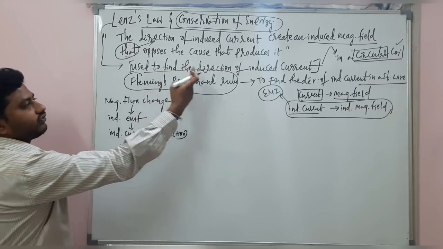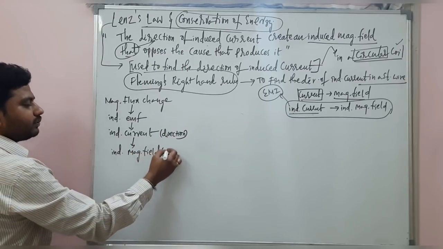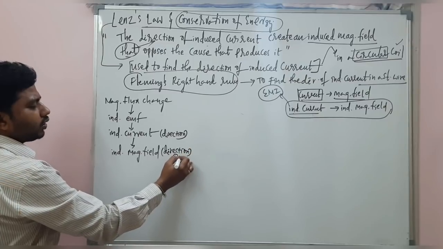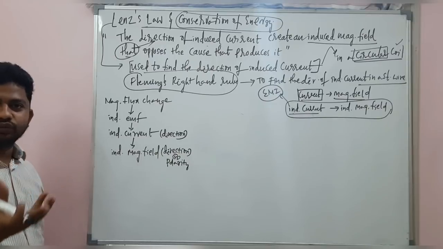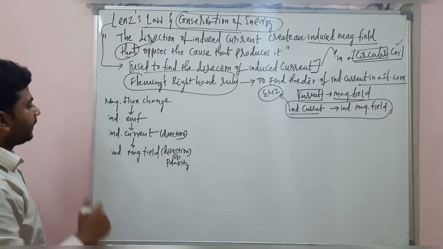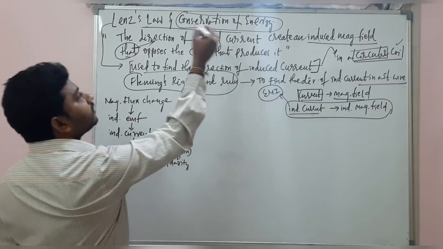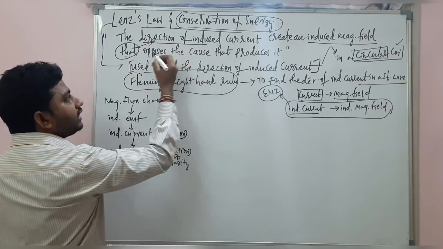Lenz's law is used to find the direction of induced current in a coil. The induced magnetic field also will have a direction or polarity, north pole, south pole. Now, the direction of induced current creates an induced magnetic field, that means it opposes.